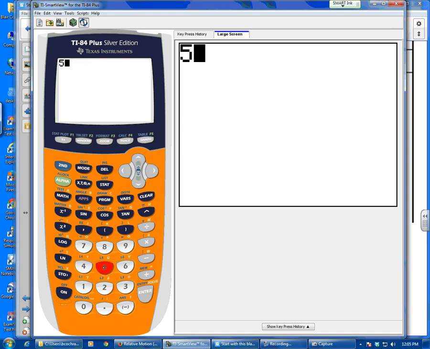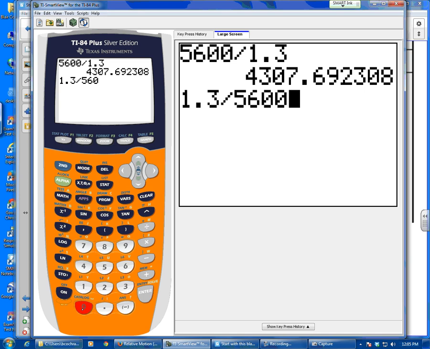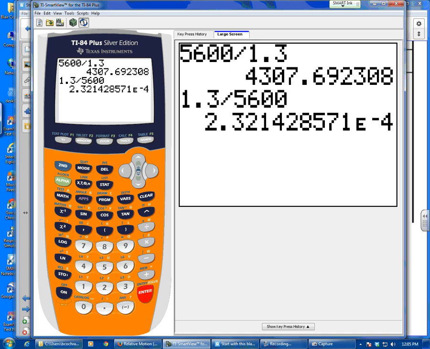Well, if I'd made that mistake, I get 4,307. Does it make sense it would take about 4,000 seconds to get across a really wide river? Well, let's try it the opposite way. Does it make sense if I'm going across a 5,600 meter wide river, which is a little over half a mile wide, that it would take me 2 times 10 to the negative 4 seconds?